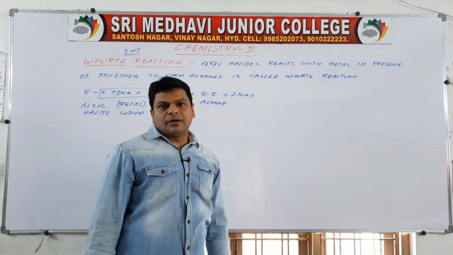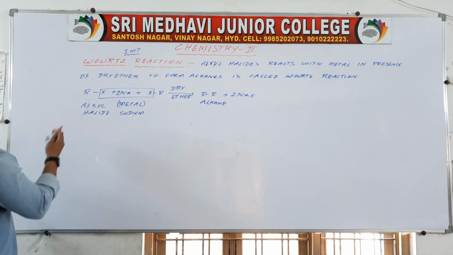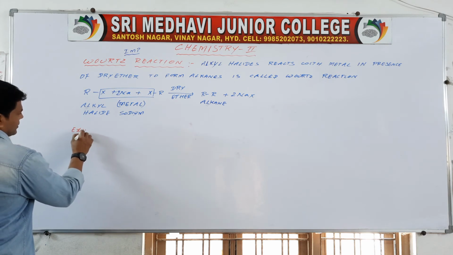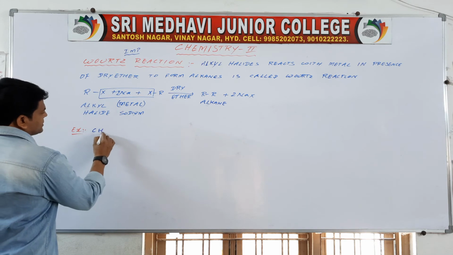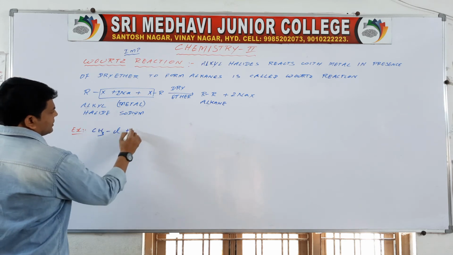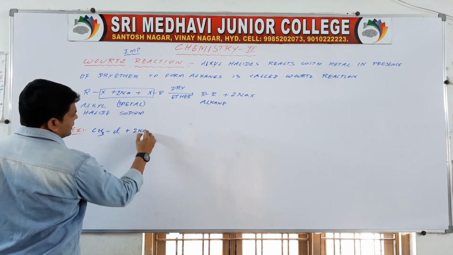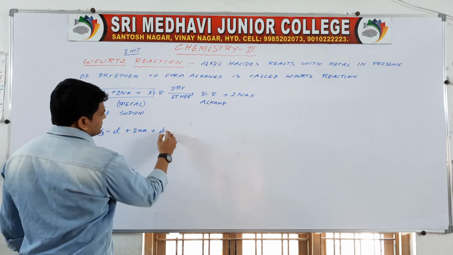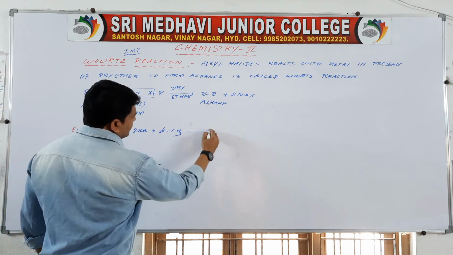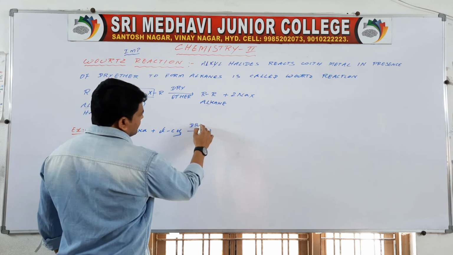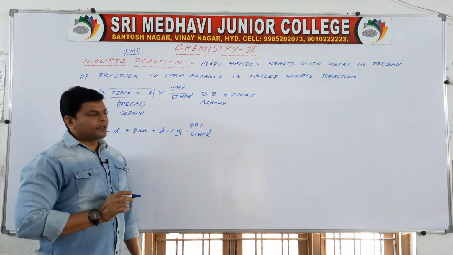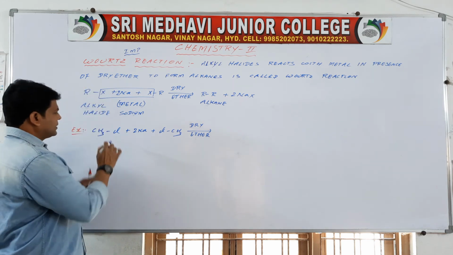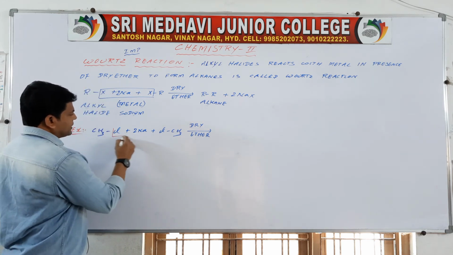This is called the Wurtz reaction. For example, in the place of R I am taking CH3Cl. Here I am taking 2Na plus CH3Cl in the presence of dry ether. The eliminated product is 2NaCl, and CH3-CH3 is formed.